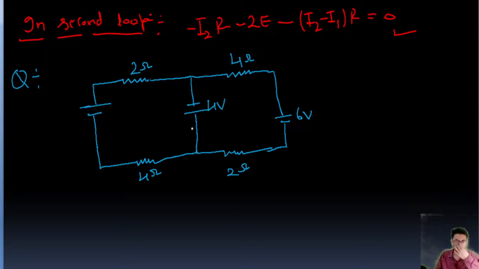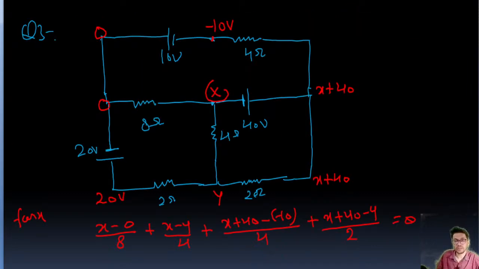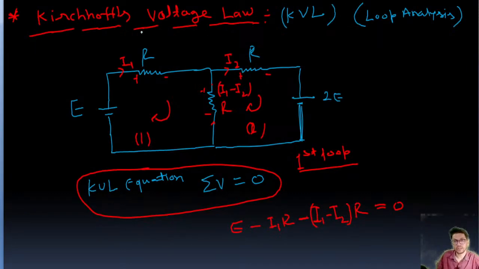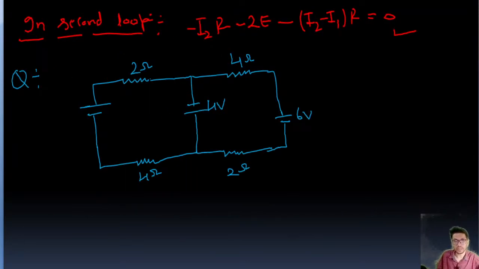Now we need to solve this by KVL, Kirchhoff's voltage law. The KVL equation is sigma V equal to 0: in a closed loop, the sum of voltage is equal to 0. That is Kirchhoff's voltage law.